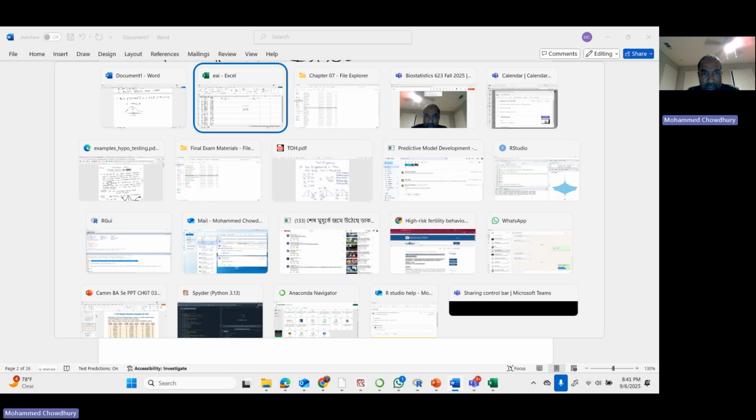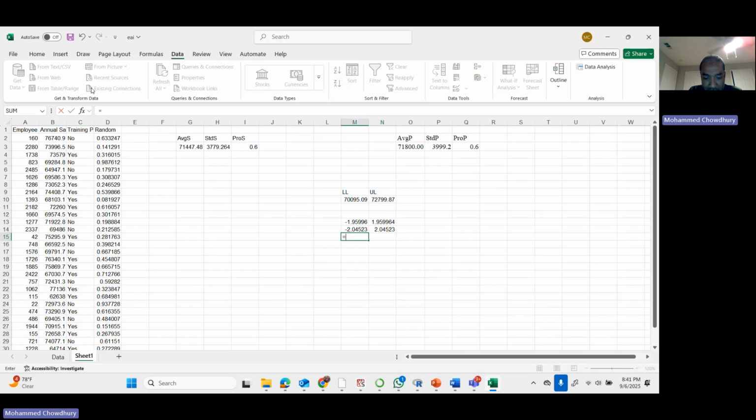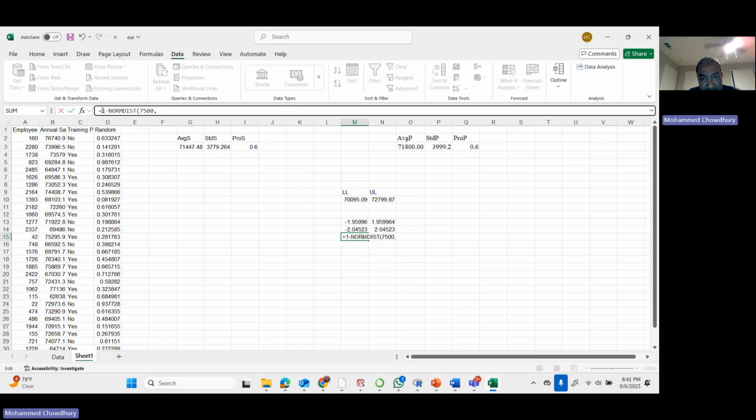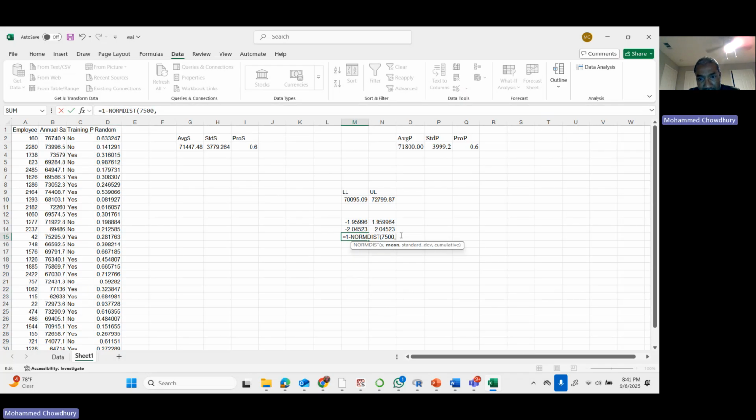I have to write here NORM.DIST of 75,000, 1 minus, and then our mean equal to 71800 and standard deviation 3999.2, and then cumulative is true.